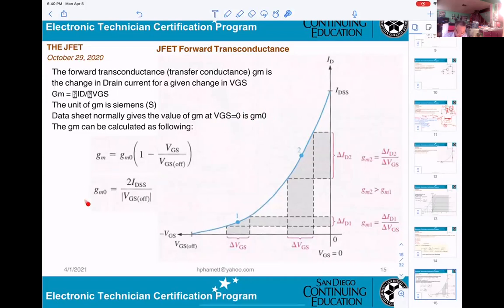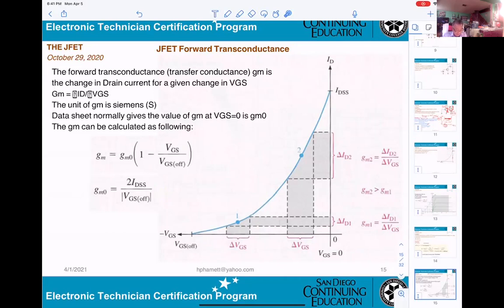And if GM0 is not given to you, you can calculate it by the formula 2 times IDSS divided by the absolute value of VGS off. On this page, I want to make sure you know what GM0 is: the transfer conductance at VGS equal to 0.